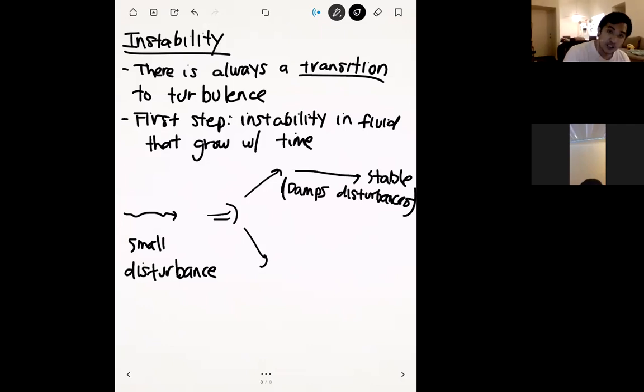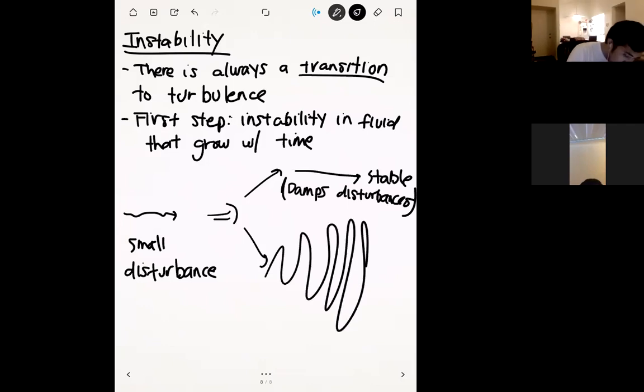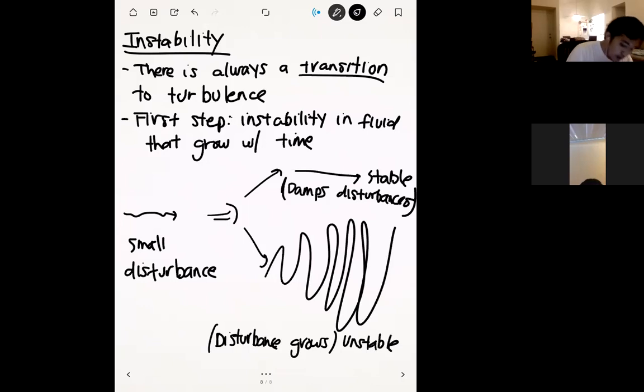But if you have an unstable situation, what can happen is that this small disturbance can actually grow. And just like we mentioned, this situation is known as unstable.